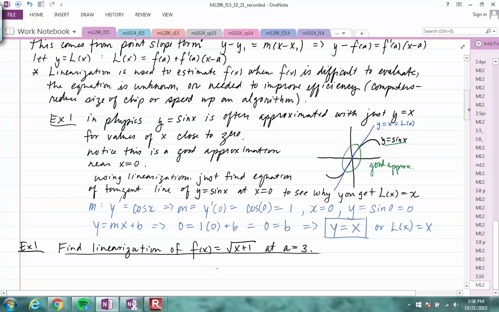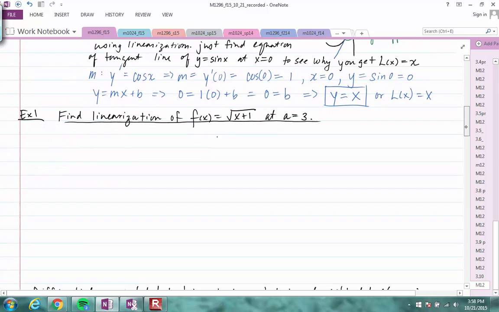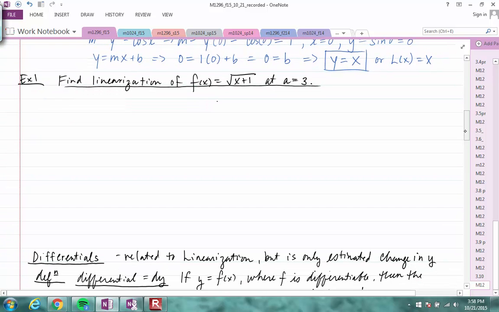So basically you need to remember, like in this problem, find the linearization of f of x equals the square root of x plus 1 at a equals 3, all that is is find the equation of the tangent line at x equals 3. That's all it's asking for, and you know how to do that.